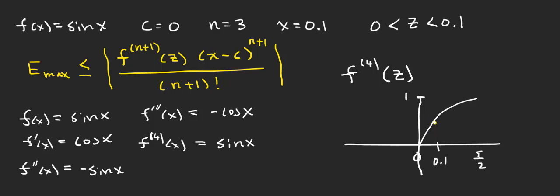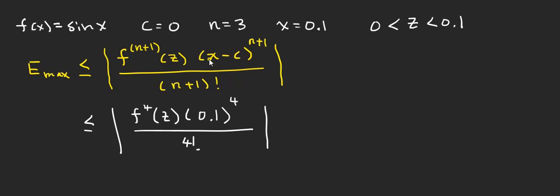But we don't really know what that value is unless we use our calculator. But the whole point of doing this is so that we don't use a calculator. So we're going to safely say the maximum value that this will be is 1. Now, by plugging in our values, you get the maximum error is the absolute value of the fourth derivative of f at z times the quantity 0.1 to the fourth power over 4 factorial.